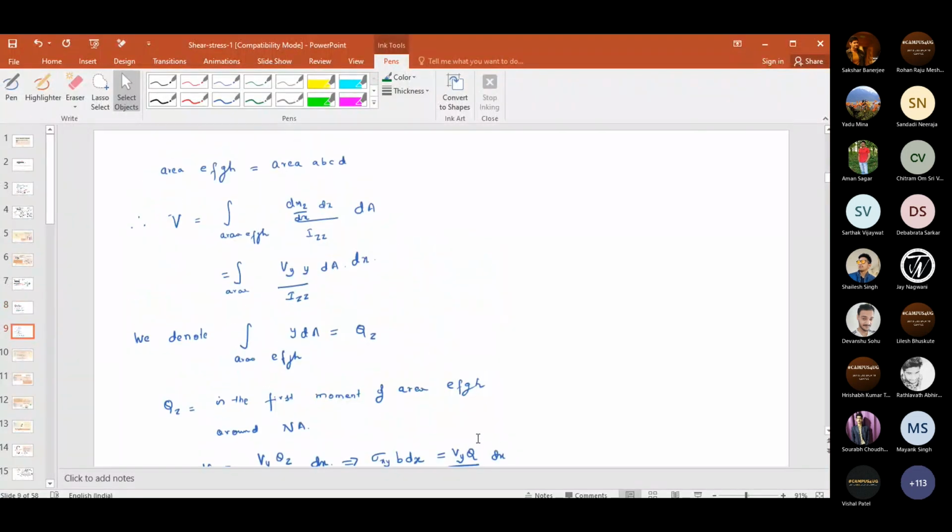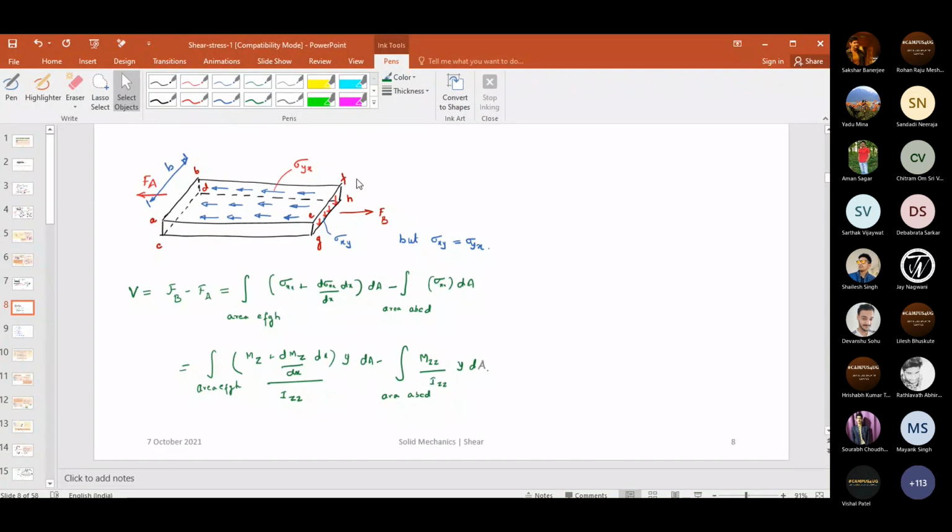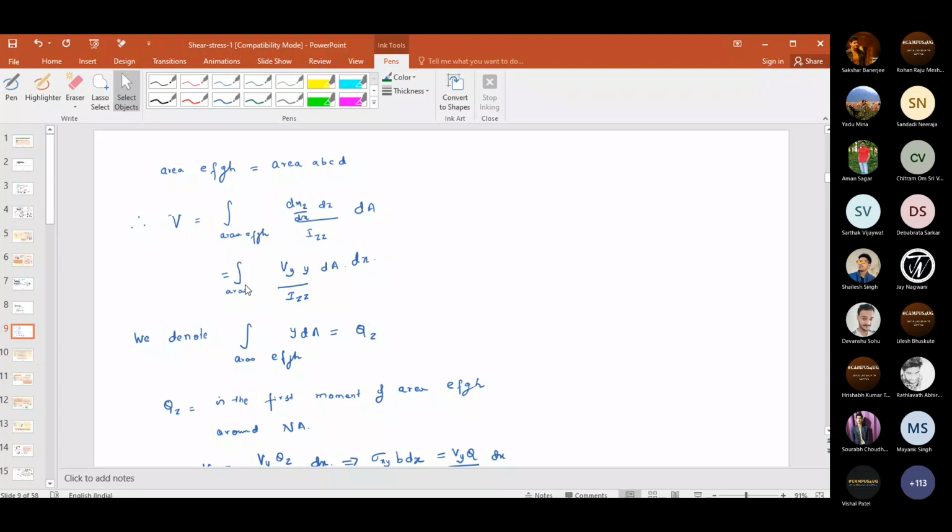Area EFGH is equal to area ABCD because if you look at it, it is the same b and the depth is dy. So naturally both the areas are the same. Then V will be equal to dMz by dx into Izz into dA.